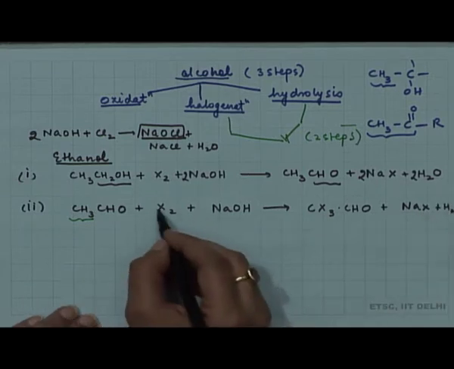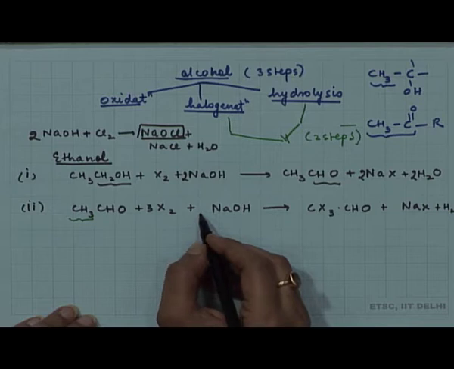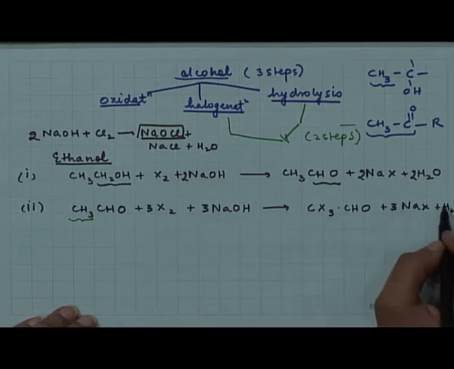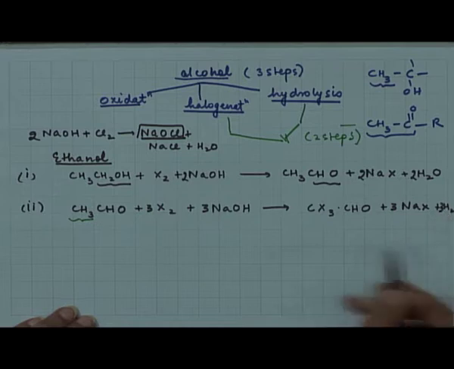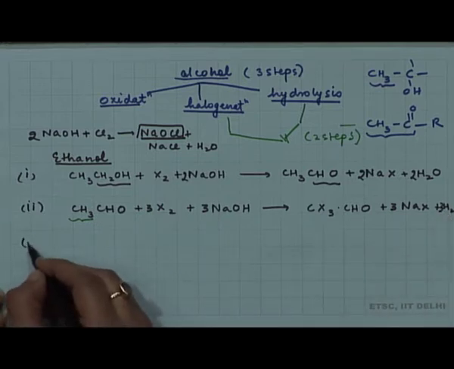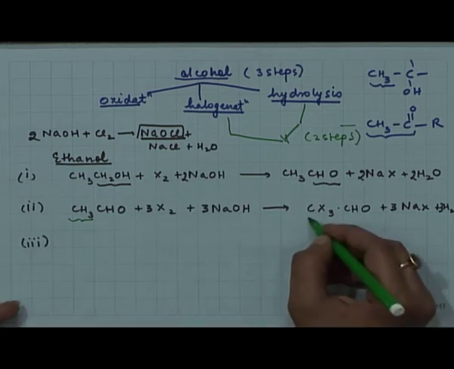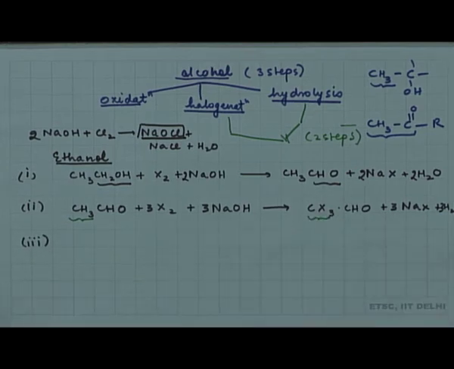If you balance this, you require 3 molecules of halogen, 3 of NaOH to give you 3 of sodium halide and 3 of water. This is the second step, the halogenation, involving complete halogenation of the alpha hydrogens.